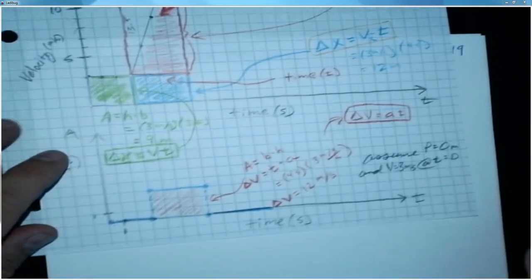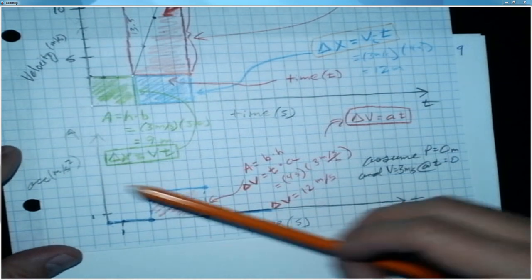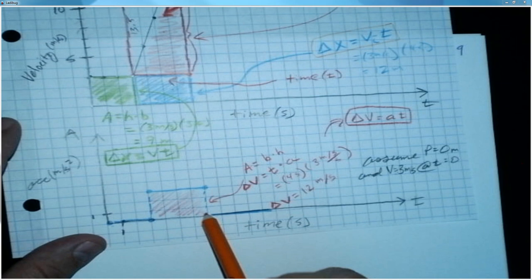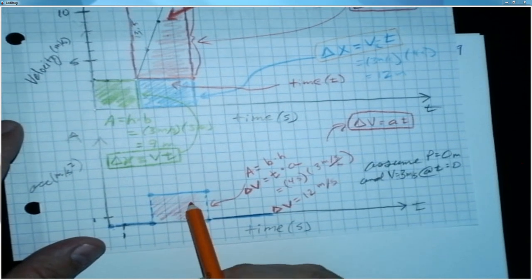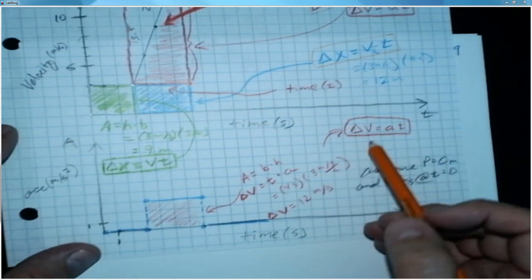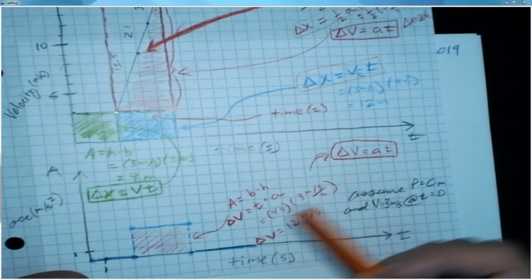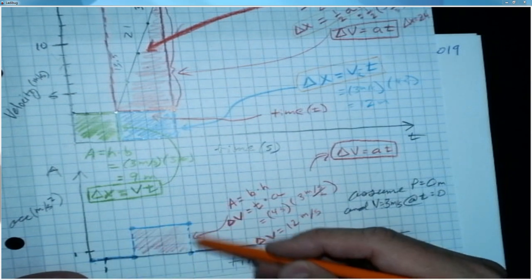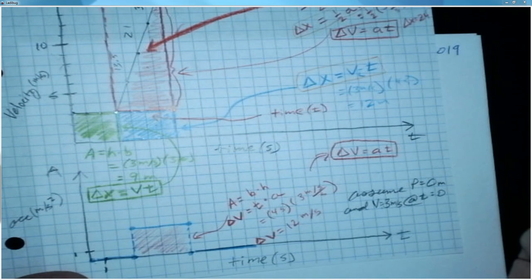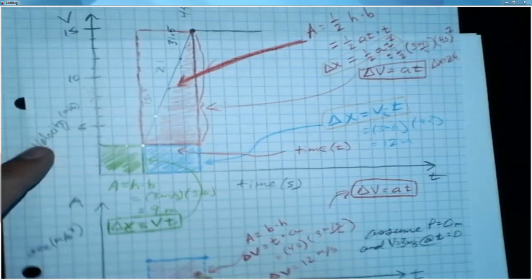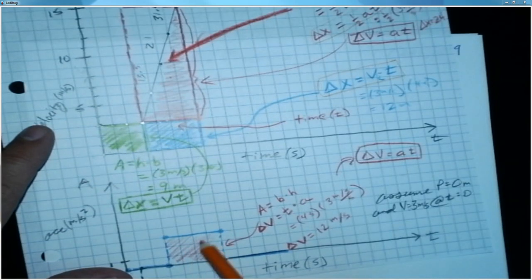And to help you with that, we had looked at the acceleration versus time graph for the same motion and noticed that if you found the area underneath here, you were finding the change in velocity, and that change in velocity is your time multiplied by your acceleration. And that gives you this length here. Because this one was 1, 2, 3, 4, 5, 6, 7, 8, 9, 10, 11, 12 meters per second.